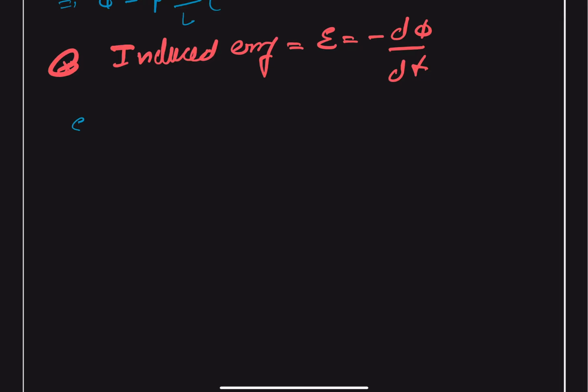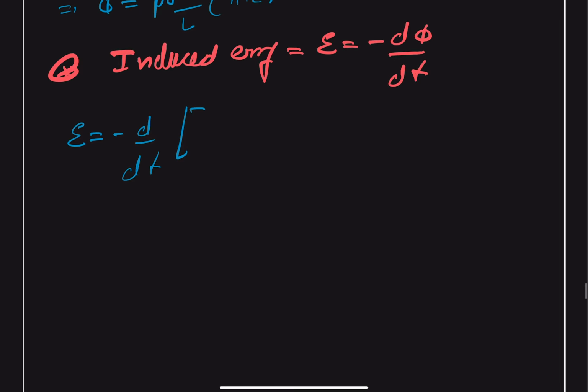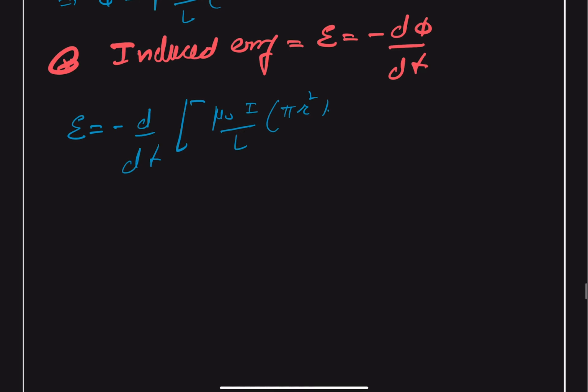We get E is equal to minus d upon dt of mu naught I upon L and pi r square. And this can be further simplified as minus mu naught pi r square upon L, and this is our di upon dt.